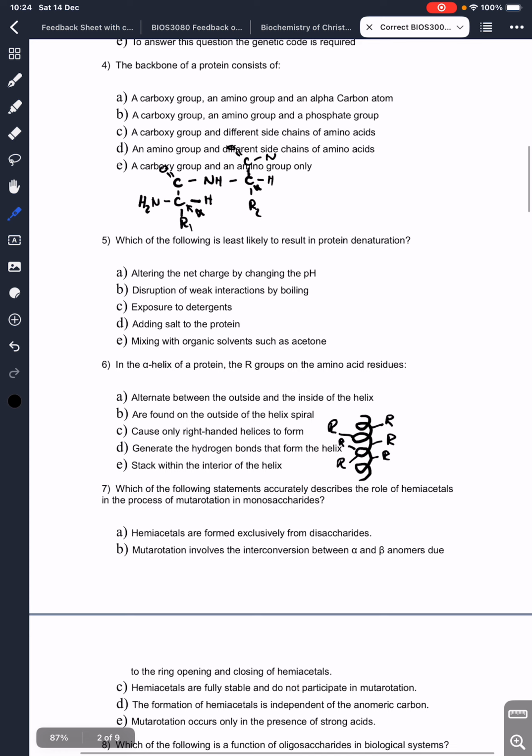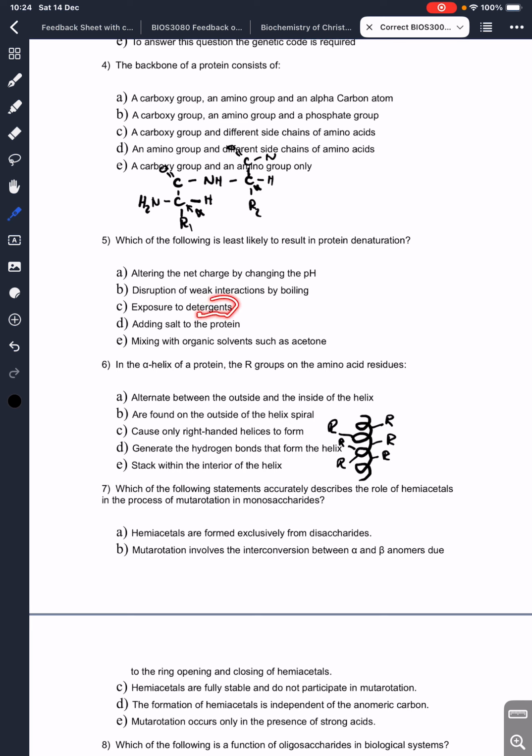Which of the following is least likely to result in protein denaturation? Well, we said that changing the pH can have dramatic effects on the charges of a protein, which can then destroy the structure of the protein. When we boil a protein, it might disrupt the hydrogen interactions and weak interactions, so that will certainly be the death of a protein.